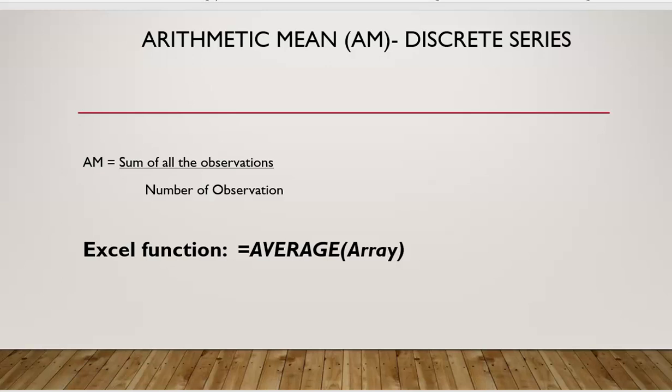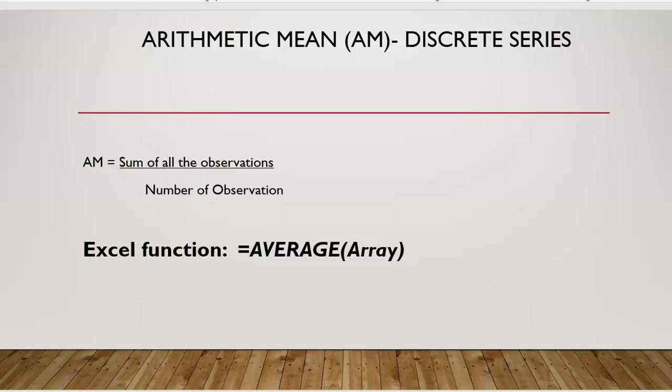There are one or two very important properties of mean which you must understand. First, mean is dependent on change of origin. If I add or subtract a value from each observation of the data, the new mean is also increased or decreased by the same value.